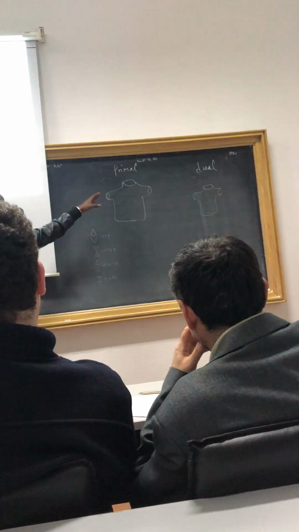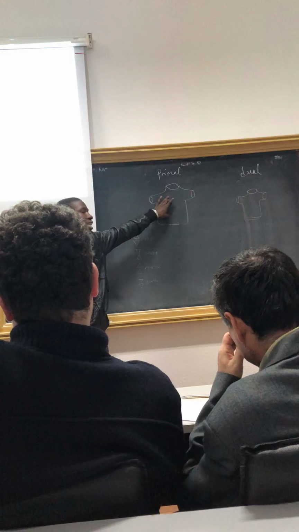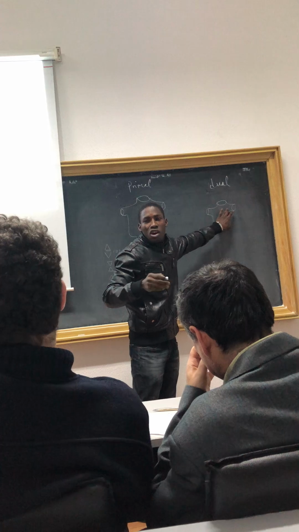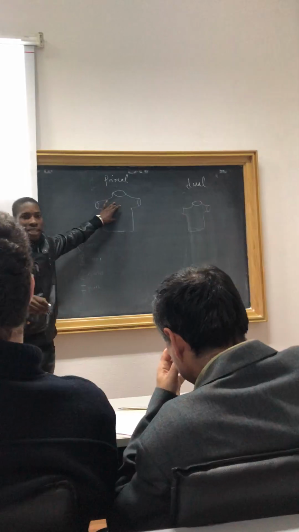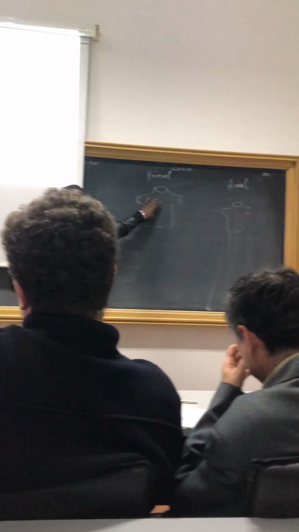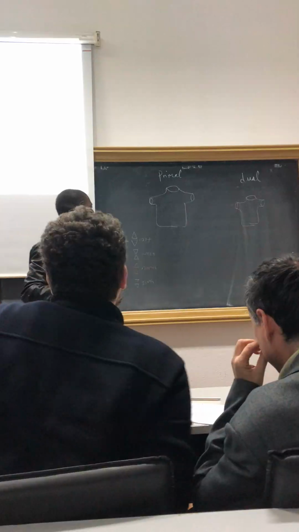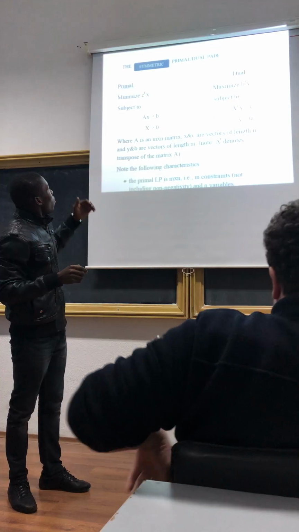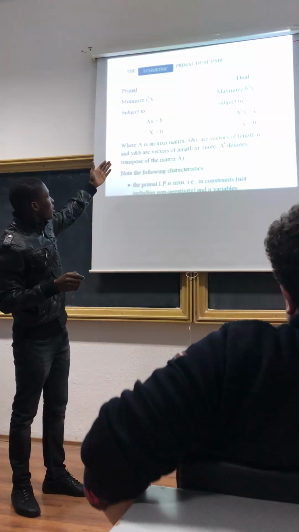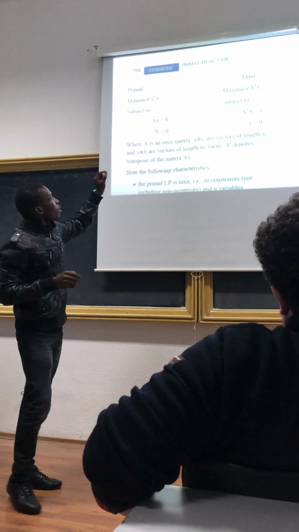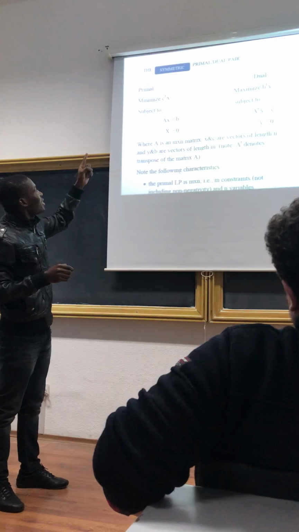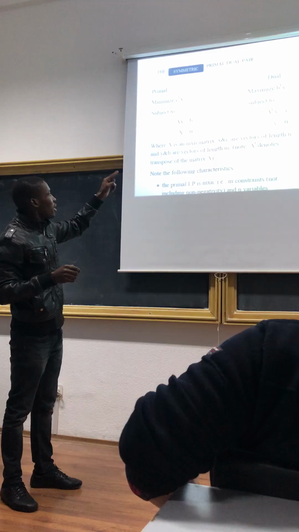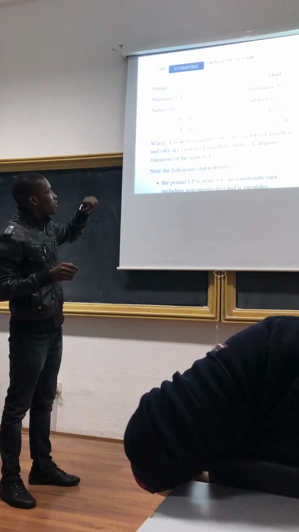Why do we call it primal? We will say this is the original, and this is a second pattern of this particular thing. So right now, before we begin to explain this, you see, primal: minimize cTx, subject to Ax greater than or equal to b, x greater than or equal to 0.